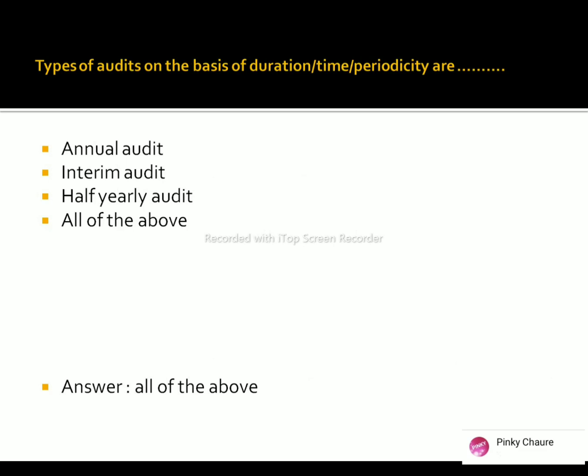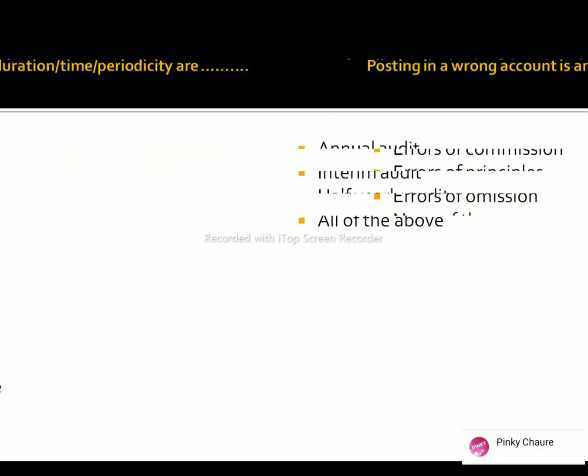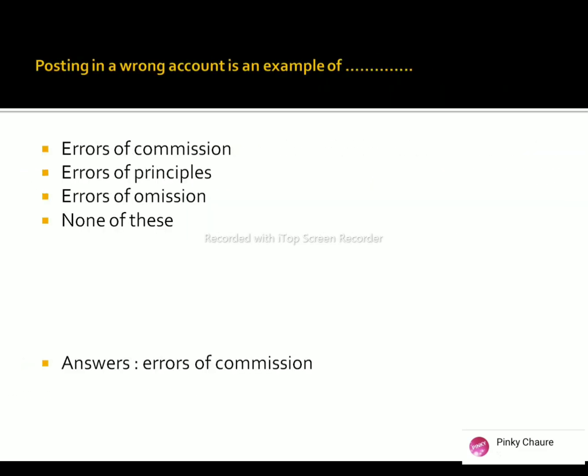Types of audits on the basis of duration, time, periodicity are dash. Option is annual audit, interim audit, half yearly audit, all of the above. Answer is all of the above.